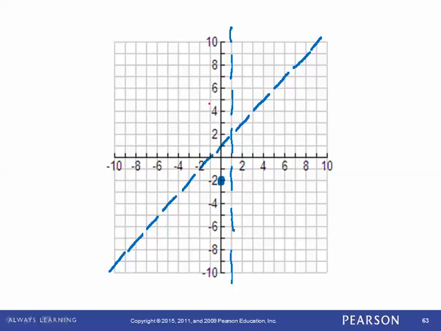Starting off here, would it make sense that the graph goes this way? If the graph went this way, I would have had an x-intercept here somewhere. I would have had a y-intercept being positive, right? It would have hit there somewhere. Doesn't make sense.